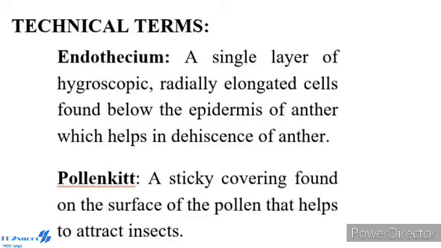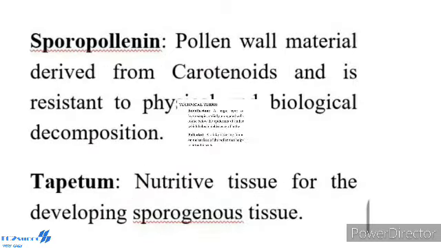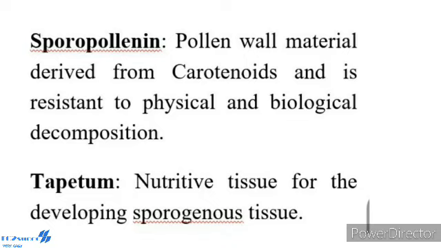Next one: pollen kit, a sticky covering found on the surface of the pollen that helps to attract insects. Next one: sporopollenin, pollen wall material derived from carotenoids and resistant to physical and biological decomposition. Next one: tapetum, nutritive tissue for the developing sporogenous tissue.